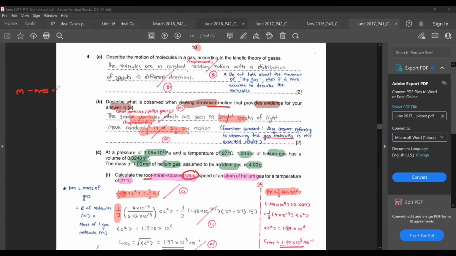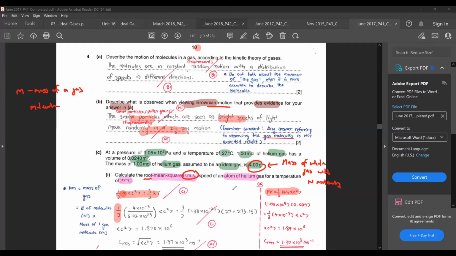Now, m is actually the mass of a gas molecule. Right now, you see that there is a value for mass here, 4 grams, but this is actually not the mass of one molecule. This is the mass of the whole gas itself with N molecules.